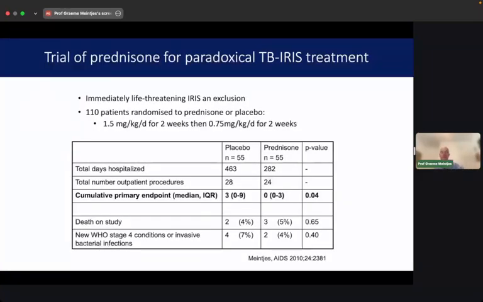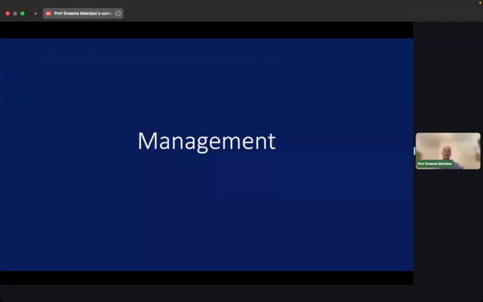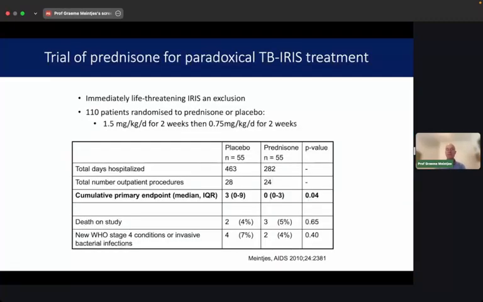To go on to discussing treatment, our group many years ago did the only clinical trial that's ever been done for the treatment of paradoxical TB-RS. And it was a relatively small study that just involved 110 patients, but I think it does provide the basis for treating the condition.